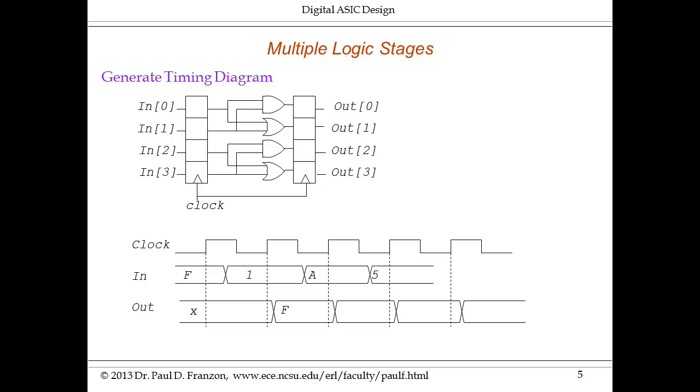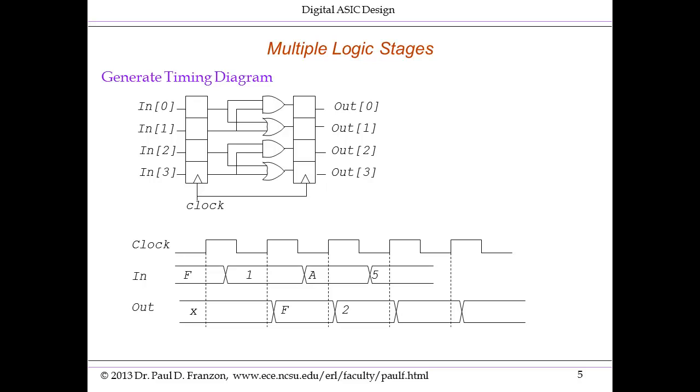Now notice at the same time, 1, 0, 0, 0, 1 has now been transferred from in to the output of this first register. That is evaluated on the next clock cycle, and you perform the appropriate AND and OR operations, and you'll get 0, 0, 1, 0.